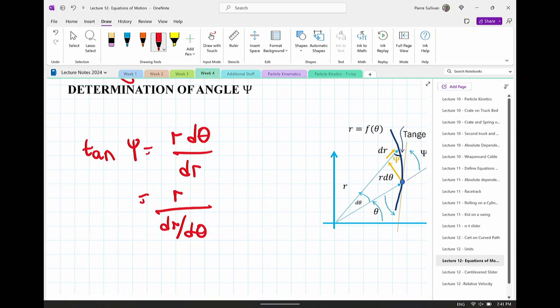The arc length, the distance displaced, is r d theta, and I exaggerated that a little bit. There you can calculate dr, there you can calculate d theta, and you have r as a function of theta, so you can do all of the rest of the things that you need to do. This is a useful equation to keep when you're looking at curved path motion.